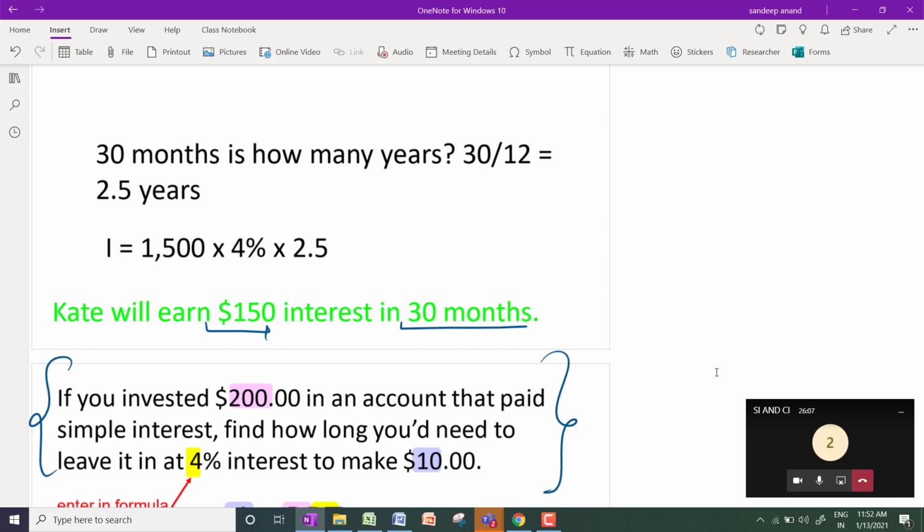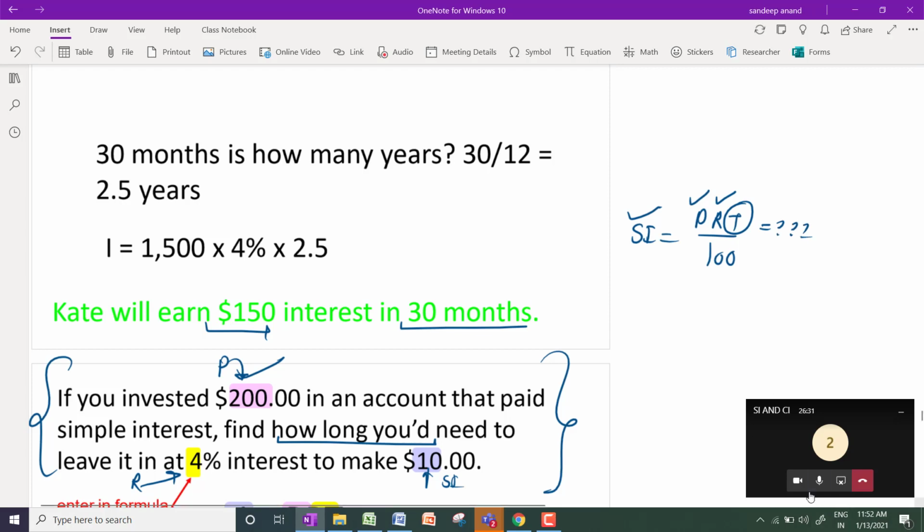Here you have to find the time. That means 3 parameters are given to you: P is given, R is given, and the simple interest value is given. Out of 4 parameters in PRT by 100, SI is given, P is given, R is given. You have to find the time.